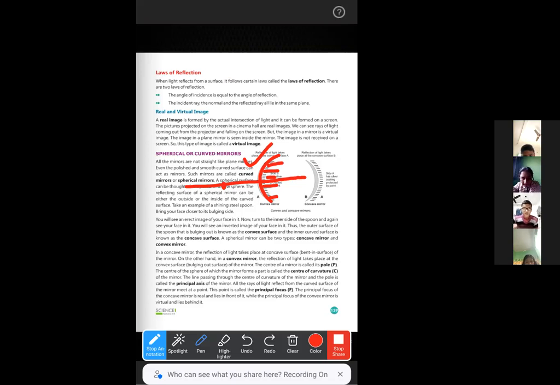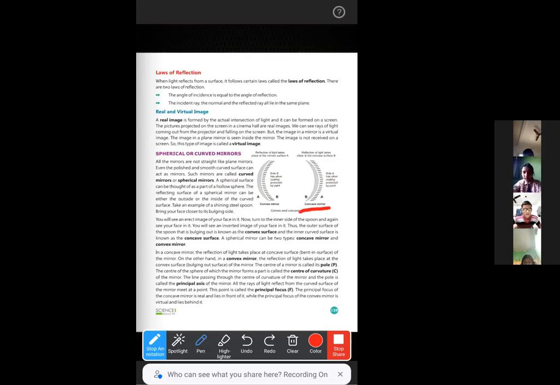Similarly, if the mirror is curved to the inward direction, here you can see this is the side which is protected by the silver lining. That means if we place an object in front of the mirror, we will have to place it here. So this side is curved to the inward direction. So this type of mirror will be called the concave mirror.